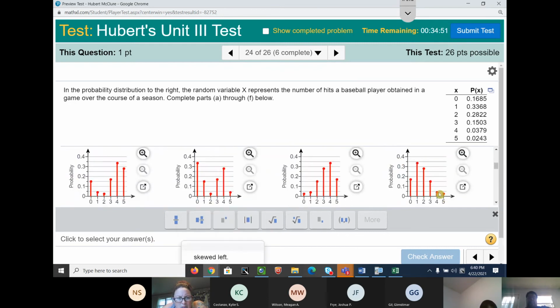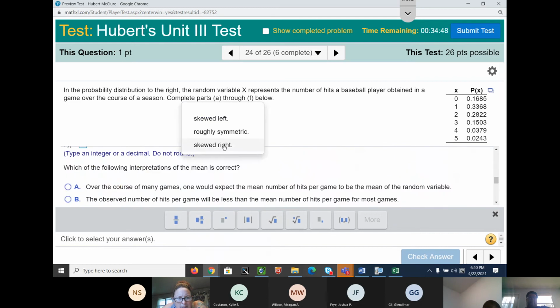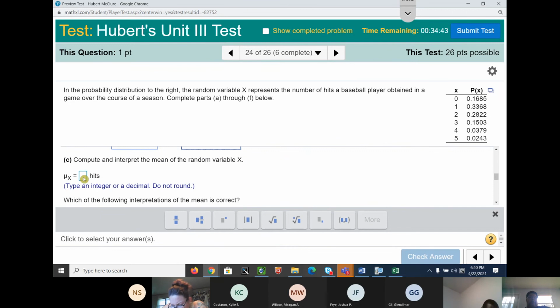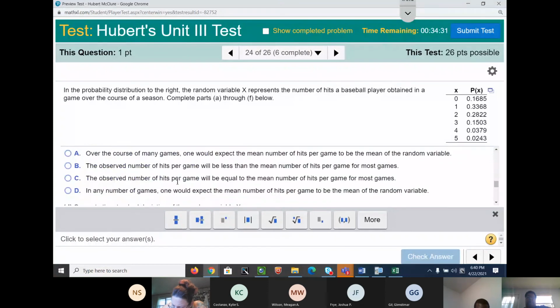What was my picture? Skewed right. And the mean is 1.6252, it doesn't say round. And if you played any number of games, you would expect the mean number of hit games to be the mean of the random variable.